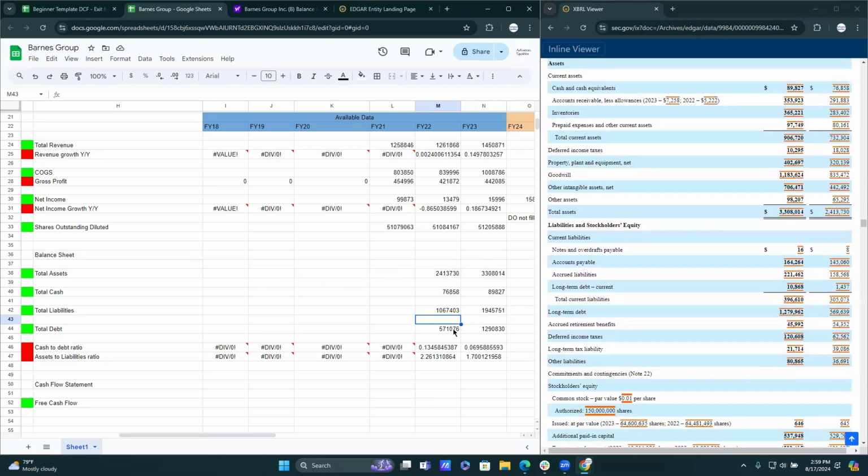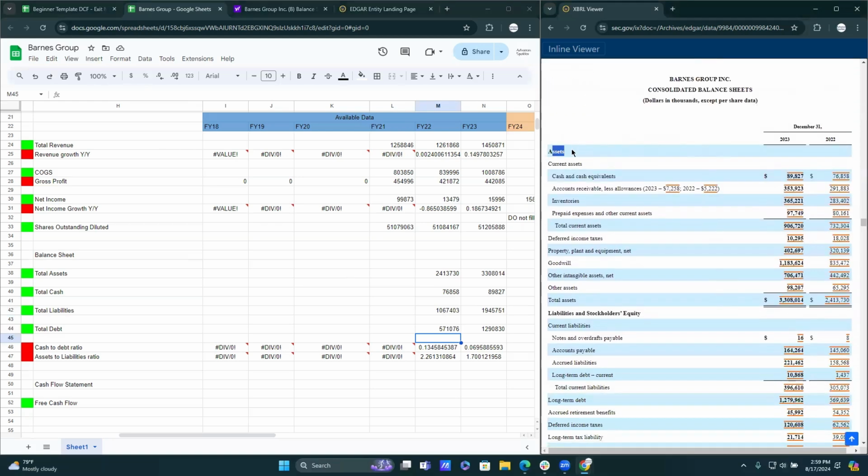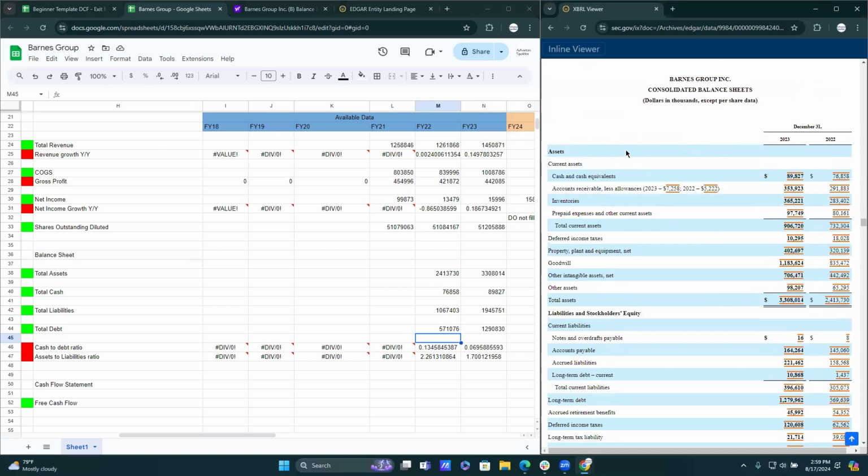Just quickly, let's look at some of these values. So, consolidated balance sheet. All right, we start with assets. Our assets are all right here, so from here to here, this is all assets. Current assets, like I said, are anything that is most current, where you have liquidity with it.